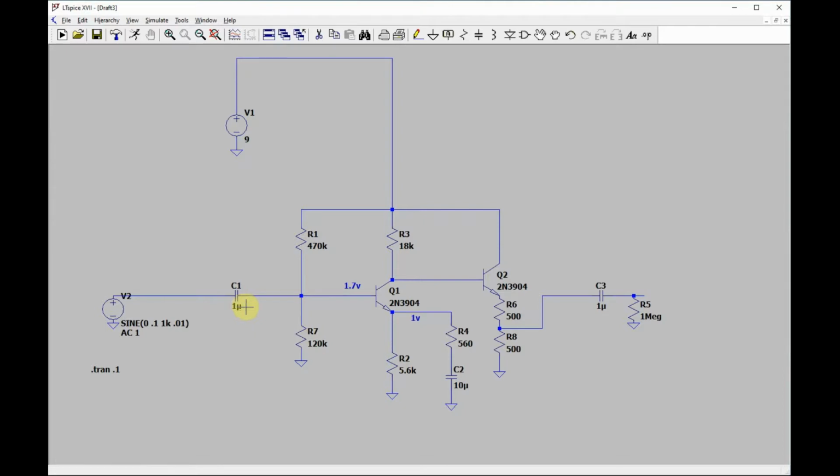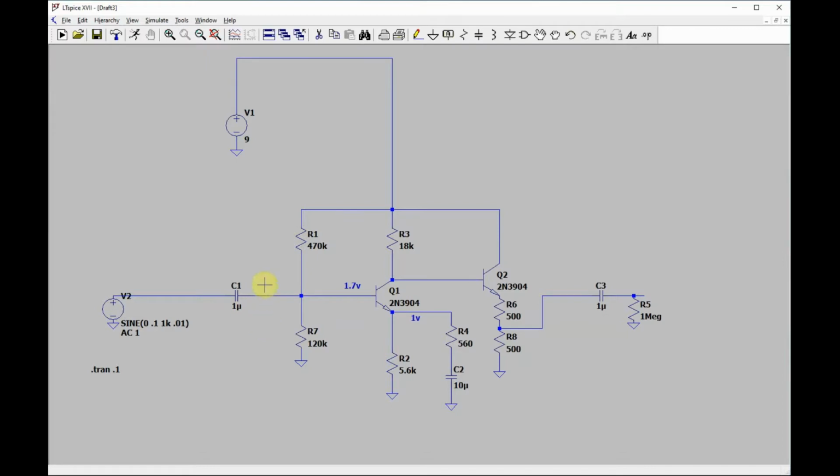If you're going into 100K, you can drop down to 1. If you go into 1 meg, you can go down to 0.1. Those are the rules I use. Some people go higher on their capacitors because they don't want any loss at all, but I find that this works out pretty well for what I usually do.